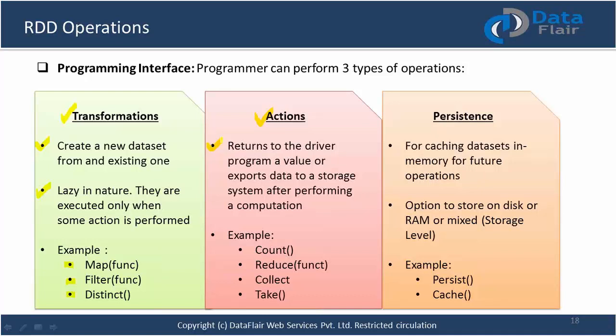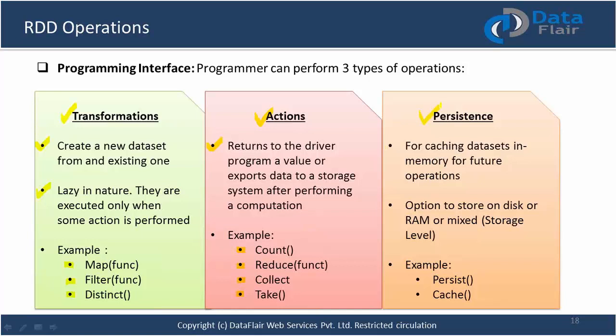Action is your submitted computation logic, like count is an action, reduce, collect, take, etc. So guys, firstly you perform basic transformations, then action, and generate the result. And if this is iterative, you keep doing multiple transformations and actions again and again.